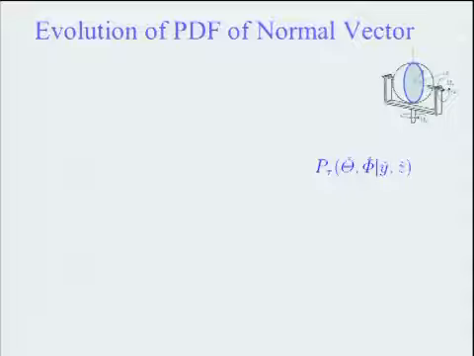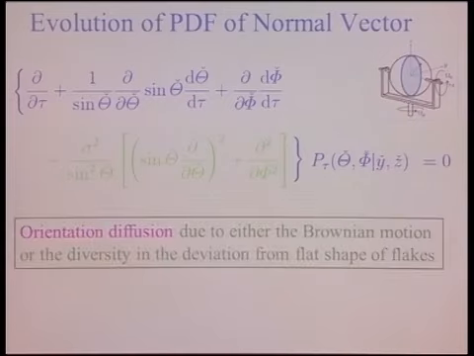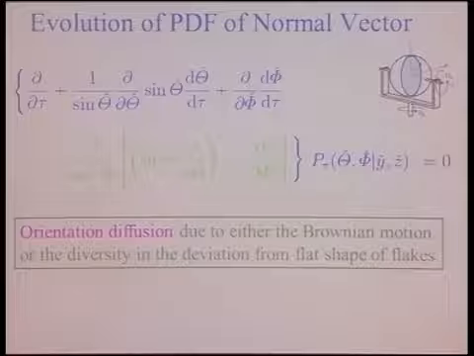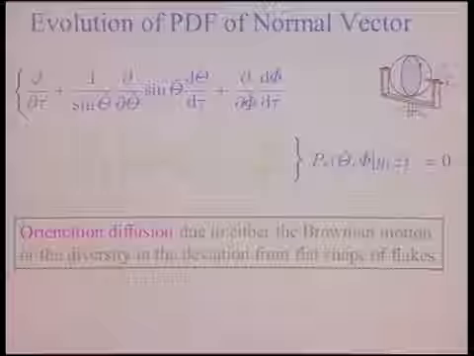And if we know the evolution of theta and phi, we can calculate the probability distribution function p. This is the exact relation; it comes from the conservation of probability. But now we add the diffusion term because there are two effects: orientation diffusion, either Brownian motion or deviation from the flat shape of flakes.